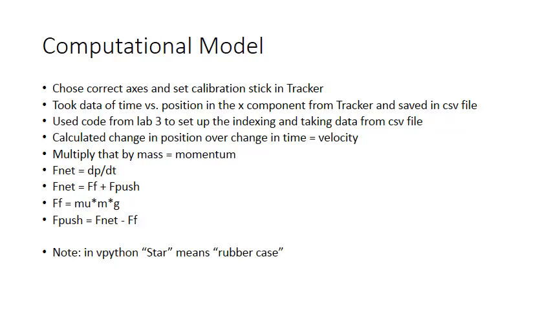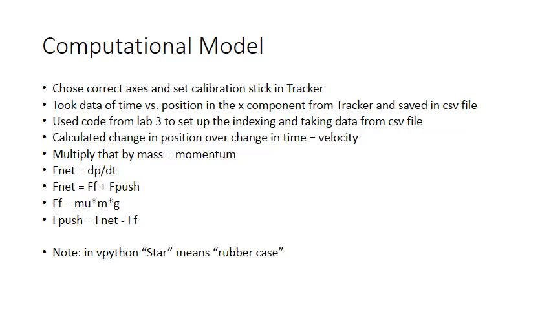In this computational model, I chose the correct axes and set the calibration stick and tracker, and I took the data of time versus position in the x component from tracker and saved that in a 2-column CSV file. I then used the code from Lab 3 to set up the indexing and taking data from the CSV file.